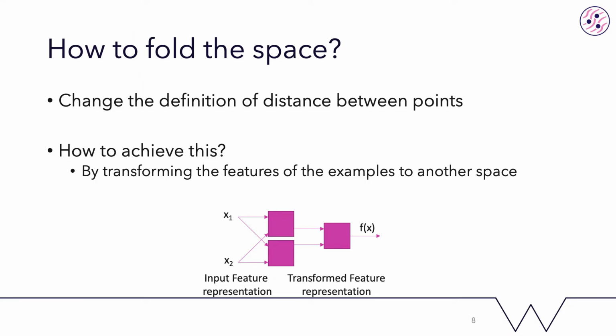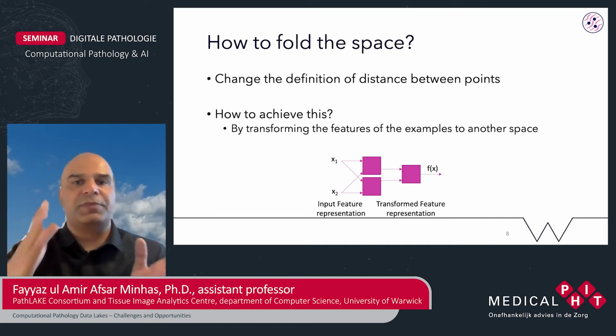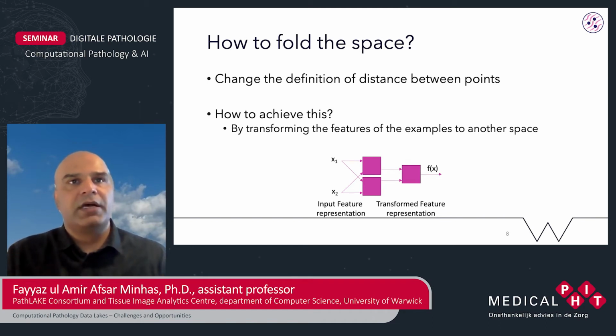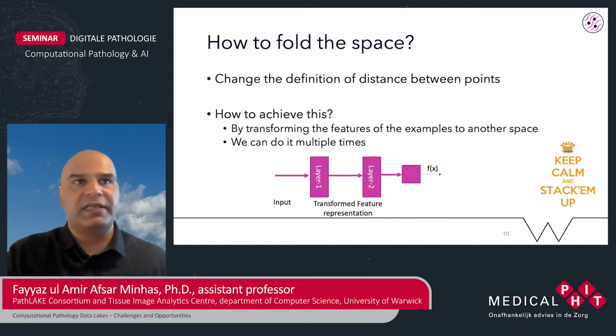And if you stack multiple layers of these pink units that you see, which we'll be calling neurons, you can actually achieve separability in this space that I showed, even when the data is not linearly separable. So if your data cannot be separated by a line, you would need multiple layers to be able to separate these examples of one group from the other group. So if you have some input feature representation, you can stack up multiple transformation layers, and that will help you achieve linear separability. That is the basic concept of deep learning at a very abstract level.